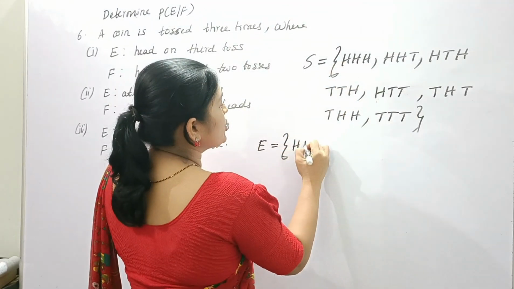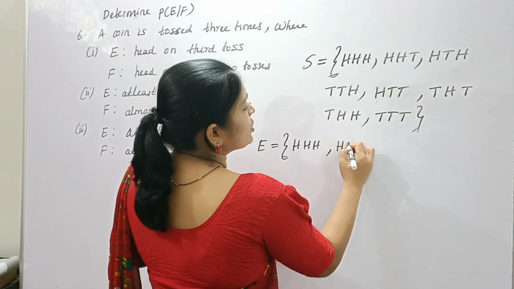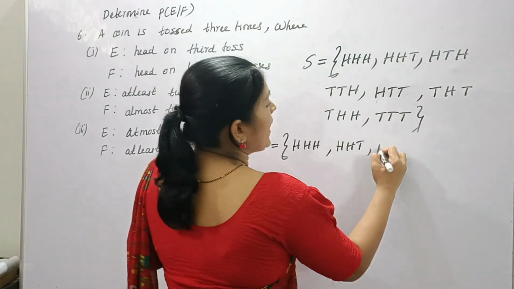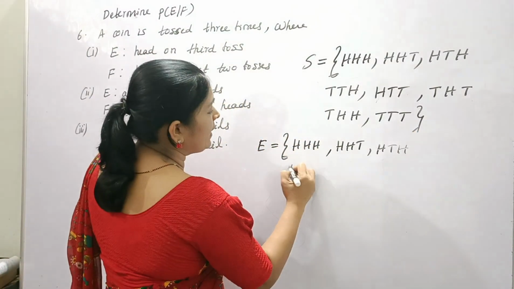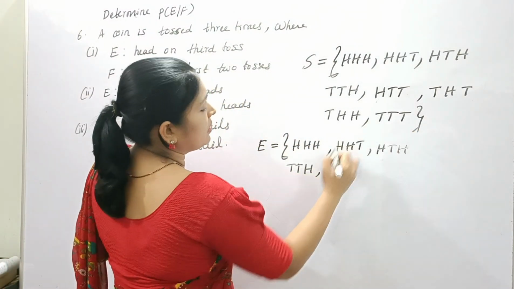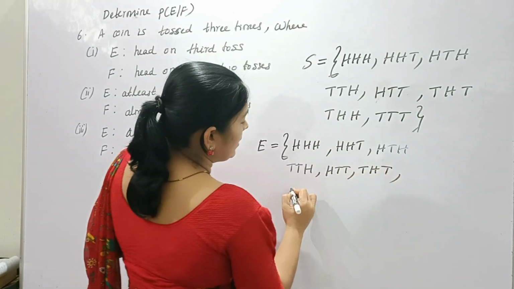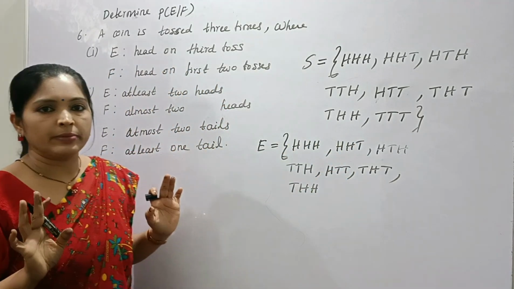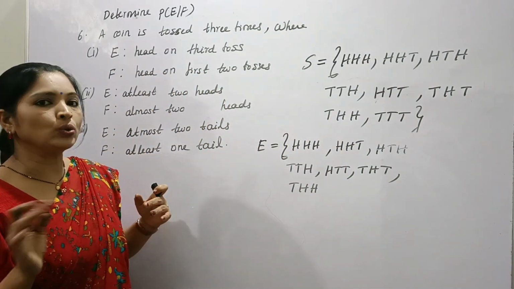Therefore HHH is possible, then HHT, where there is only one T, then HTH, then TTH, HTT, THT, THH. TTT is not possible because at most 2 tails, less than or equal to 2 tails.